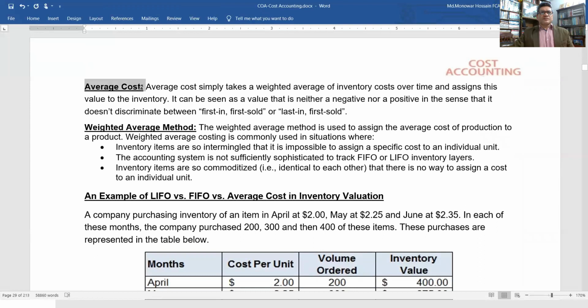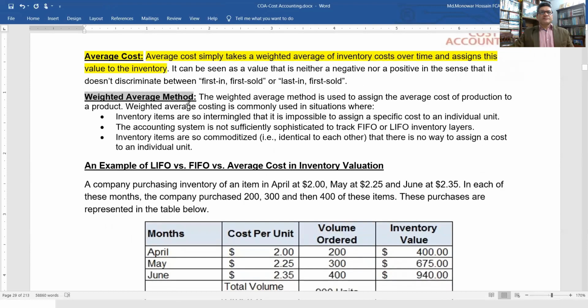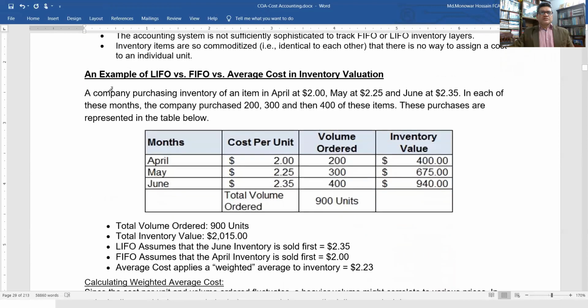Now average cost. Average cost simply takes the weighted average inventory cost over time and assigns this value to the inventory. The weighted average method is used to assign the average cost of production. An example here with LIFO, FIFO, and weighted: the company purchases an inventory item in April at $2, in May at $2.25, and in June at $2.35.